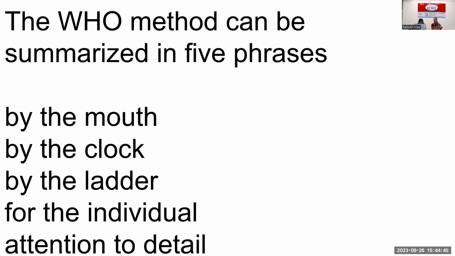If it is taken properly, it will give benefit. So by the clock is essential to obtain the required blood level of the drug. And by the ladder, depending on the severity or intensity of pain, you give the medications needed. For the individual, are all of us alike?